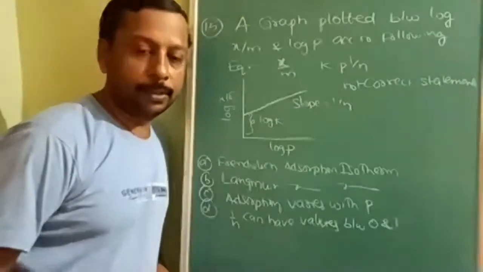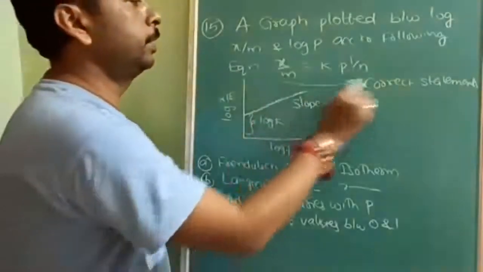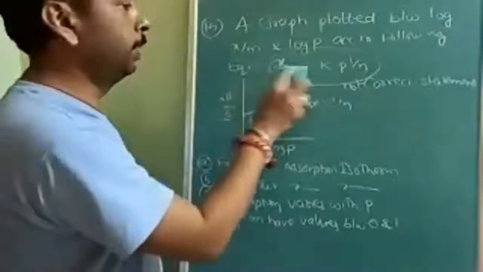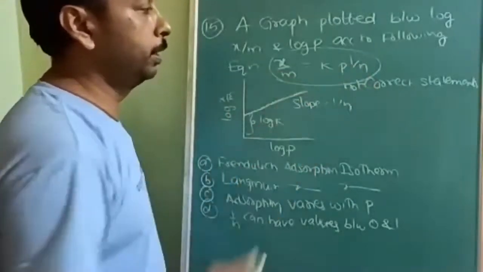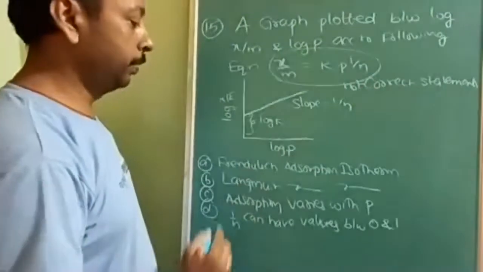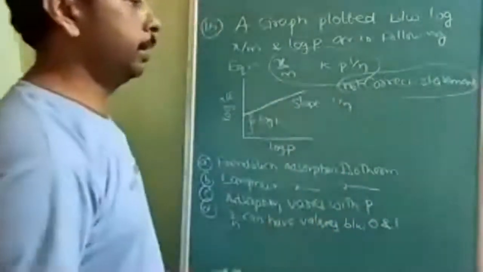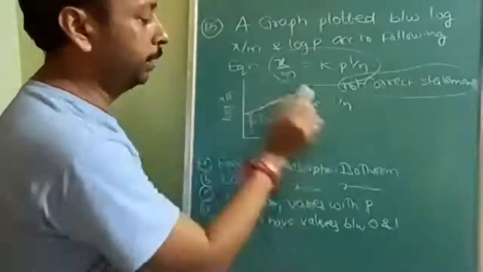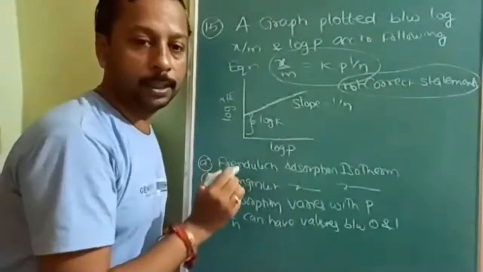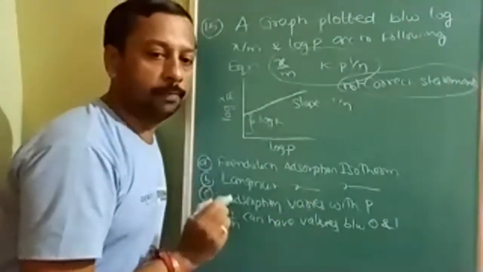Okay, this question is from surface chemistry, adsorption. This equation is already given. From this, applying log x upon m is equal to log k plus 1 upon n into log p. We have to identify the not correct statement. Simple, here it is isotherm. Nowhere is temperature changed, so isotherm will be correct.